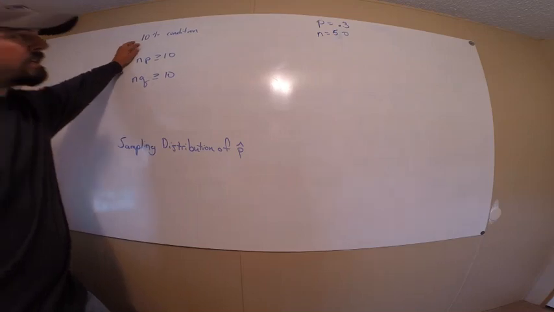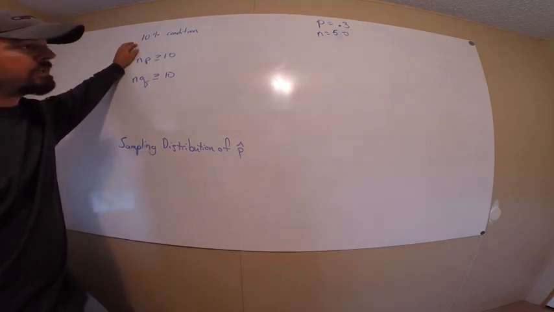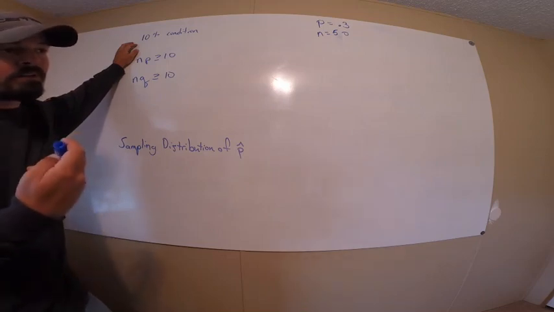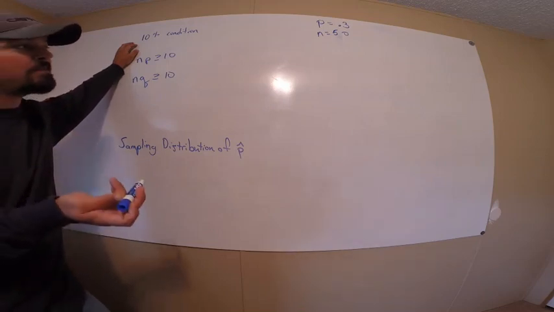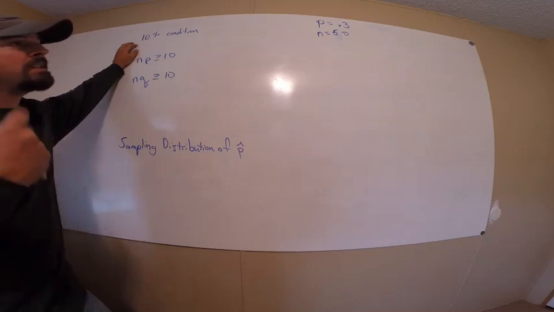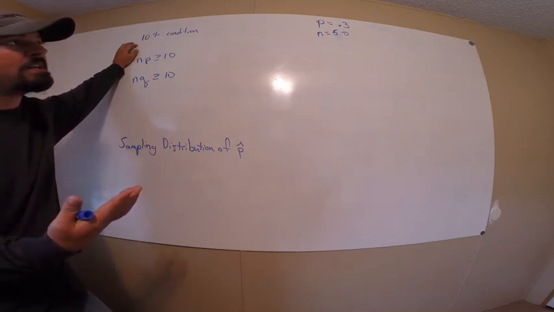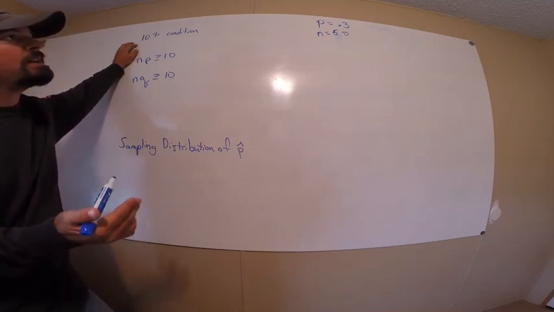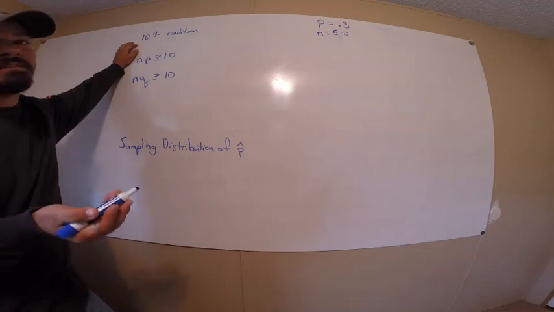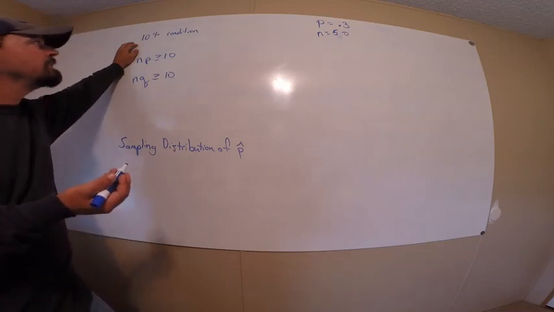One of the things we need to check is the 10% condition. If they don't give you the overall number in your population, sometimes you just have to conceptualize it. It didn't tell us how many people were in our population. But we are looking at people who have gotten cancer who didn't smoke, essentially.